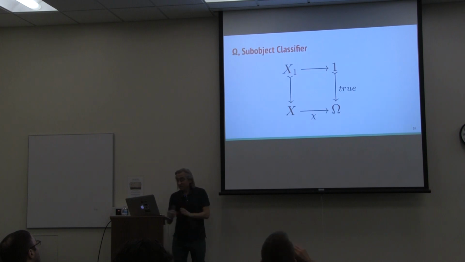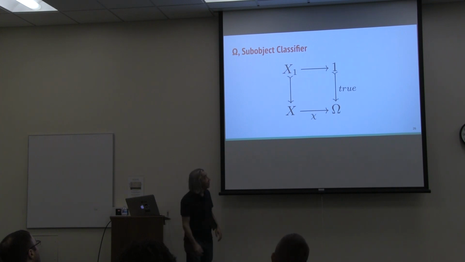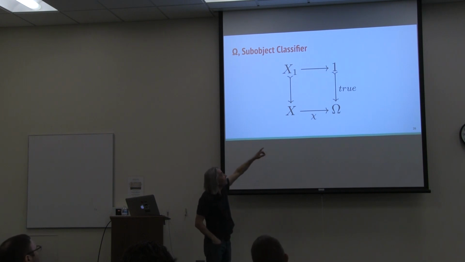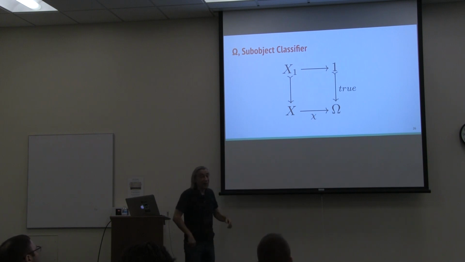So what's an omega? What's a subobject classifier? A subobject classifier is a special object in our category, or in our topos, with a point called true, an arrow from 1 to omega. It is a monomorphism. And why is it a monomorphism?